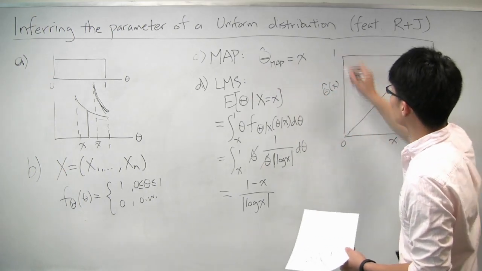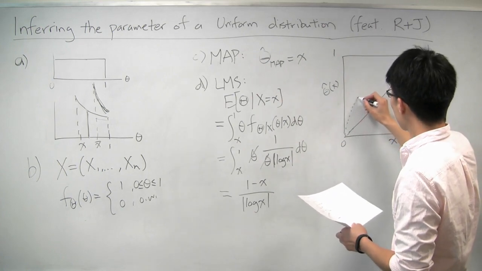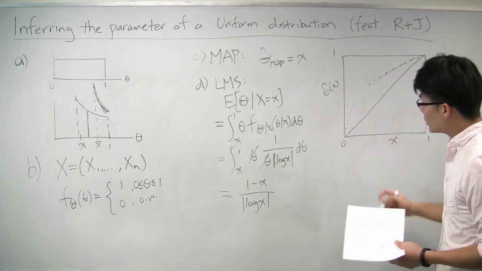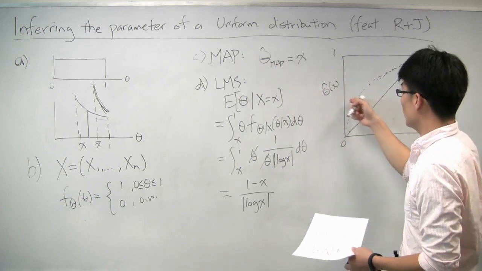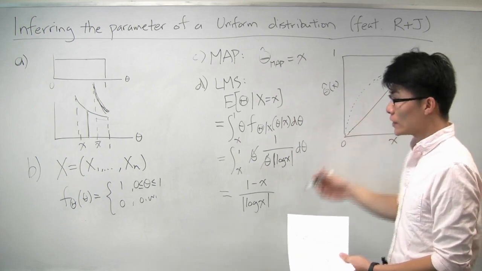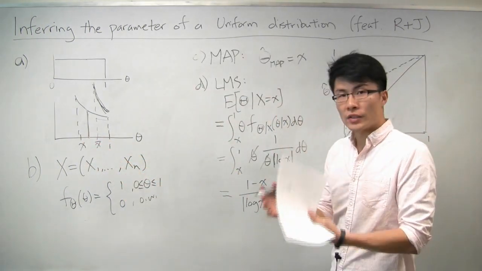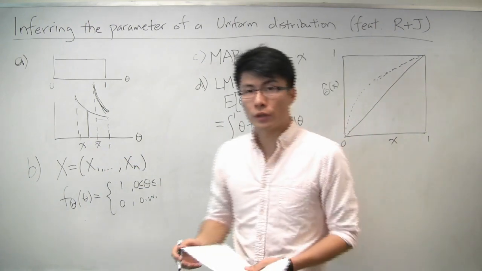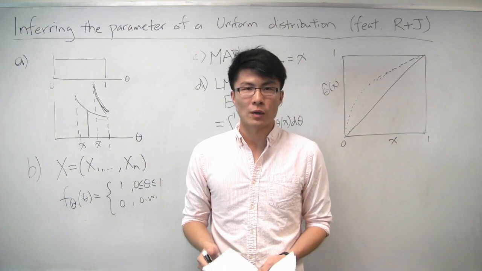So it just looks like this. Now, if we plot the other one, it looks something like this. Whatever x is, this will tell you what the LMS estimate of theta would be. And it turns out that it's always higher than the MAP estimate. So it's less optimistic, and it factors in the entire distribution. Because there are several parts of this problem, we're going to take a pause for a quick break, and we'll come back and finish the problem in a little bit.